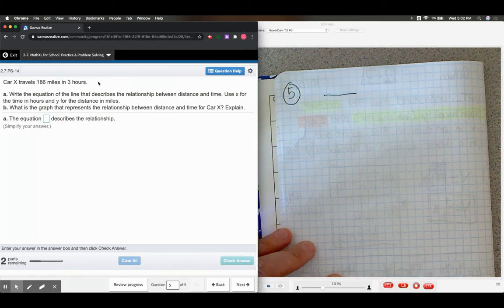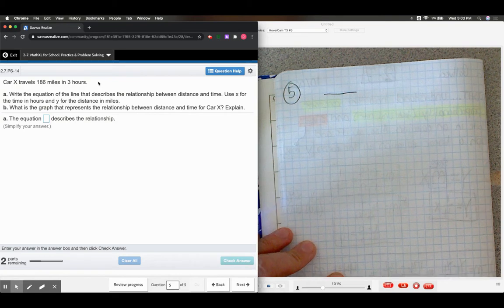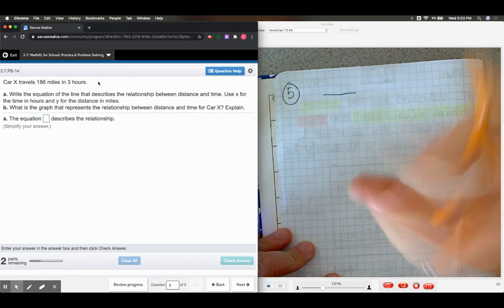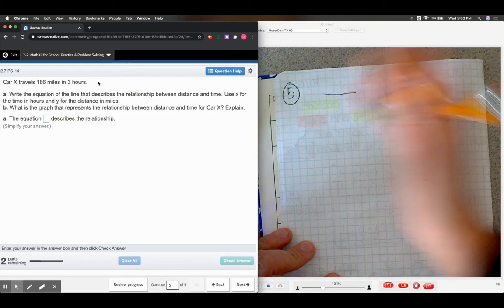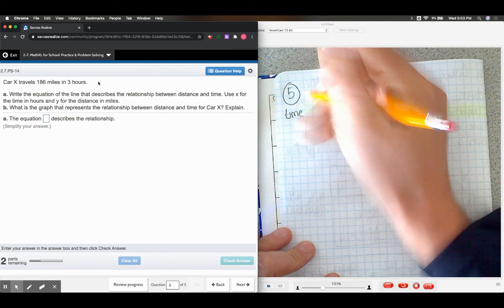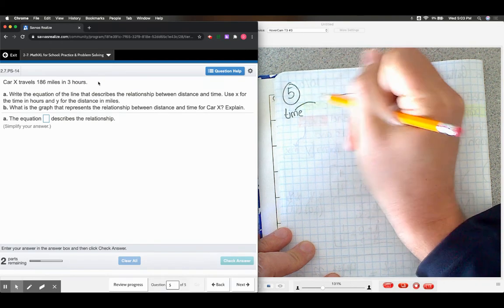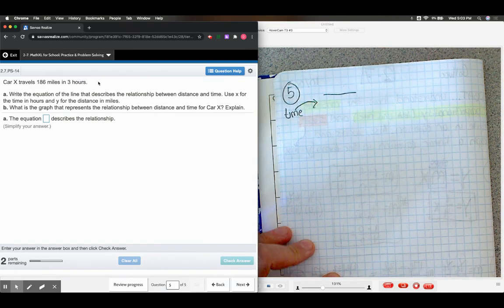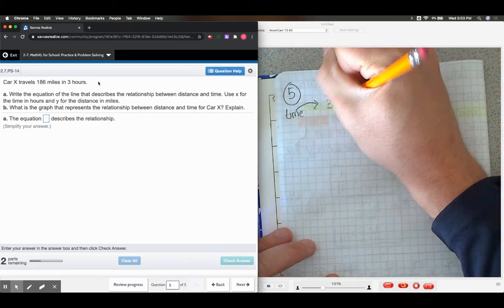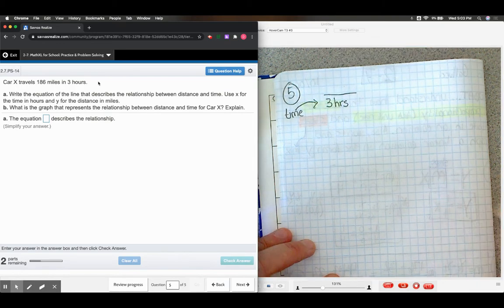So hopefully you remember how to set this up. Do I put 3 on the top? Do I put 186 on bottom? Or do I do the reverse of that? And that answer is, remember, when you're dealing with measurements of time, it always belongs on the bottom. So because 3 hours is a time, we're going to put 3 hours.